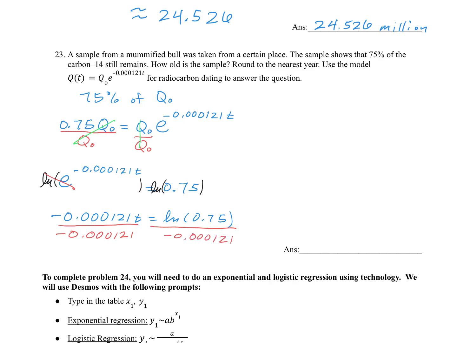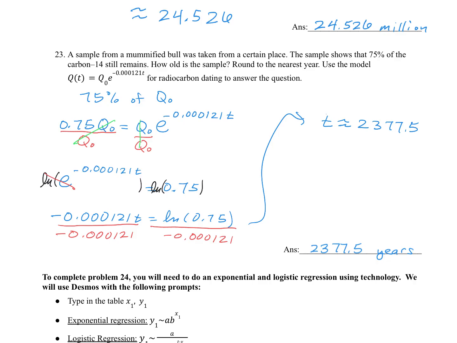And when you do that, you'll get t is approximately 2,377.5. And this time around, that's years. So 2,377 and a half years is the estimated age of that mummified bull in this problem.